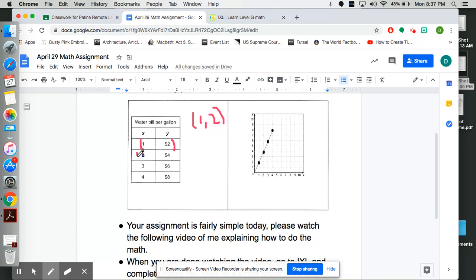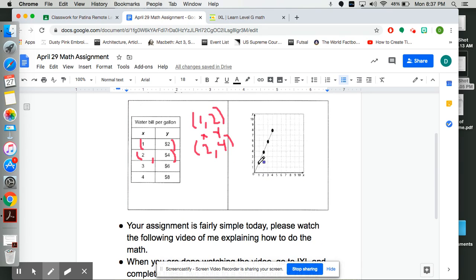So the next ordered pair would be 2, comma 4, and so on and so forth. And remember, this is my x, and then this is my y. So if we're looking at this example here, it's saying that x is found at 1 on the x-axis, and then my y is 2.